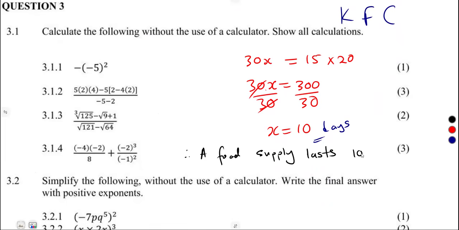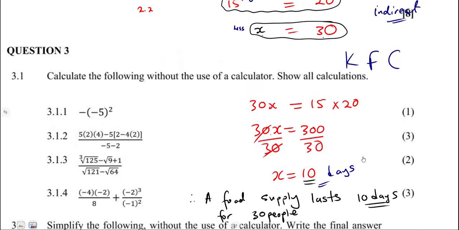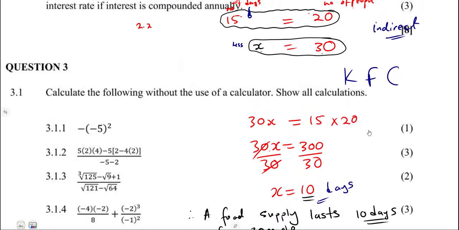It lasts 10 days, as we obtained here. 10 days for how many people? For 30 people, as we are given here that they are 30. So they are going to need 10 days. So that was the condition of our question.